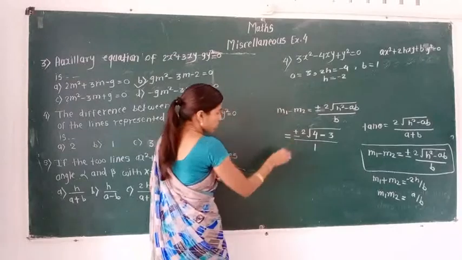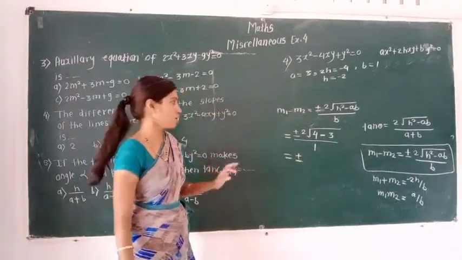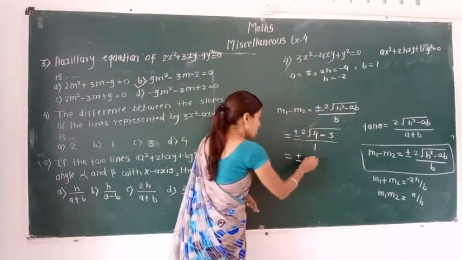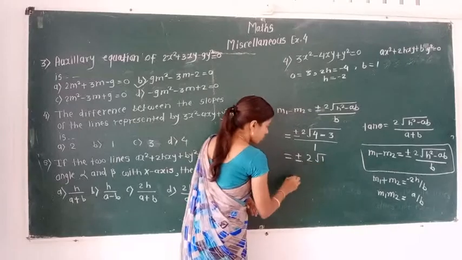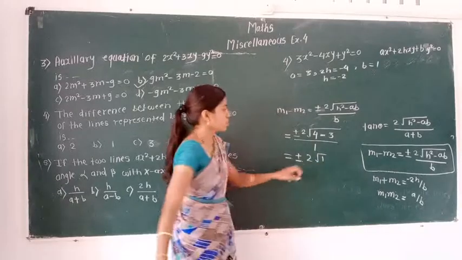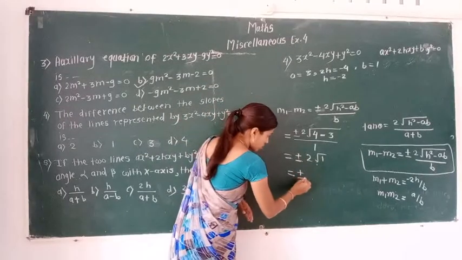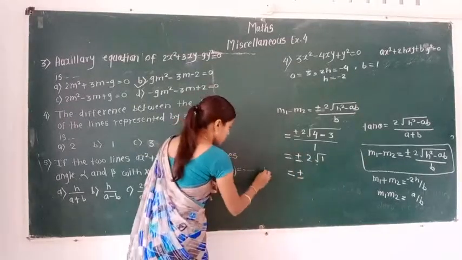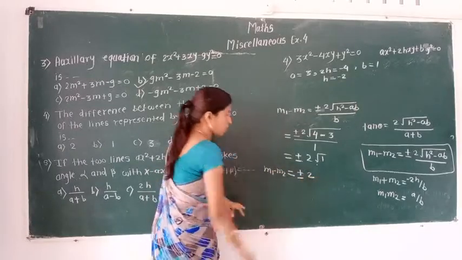Now simplify this. We can write plus minus 2 root of 4 minus 3, the difference of these two terms is 1, divided by 1. Now we know that the square root of 1 is 1. So we write the value of m1 minus m2 is plus minus 2.